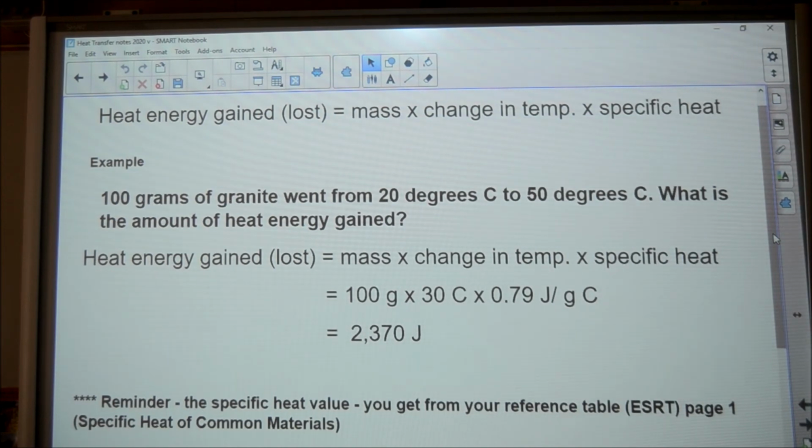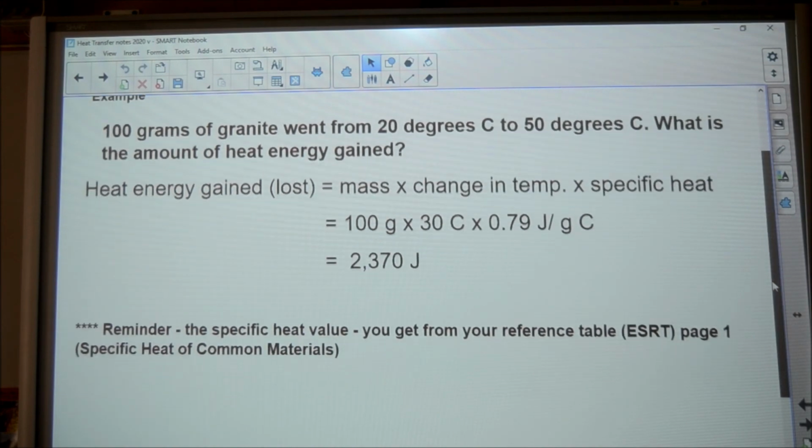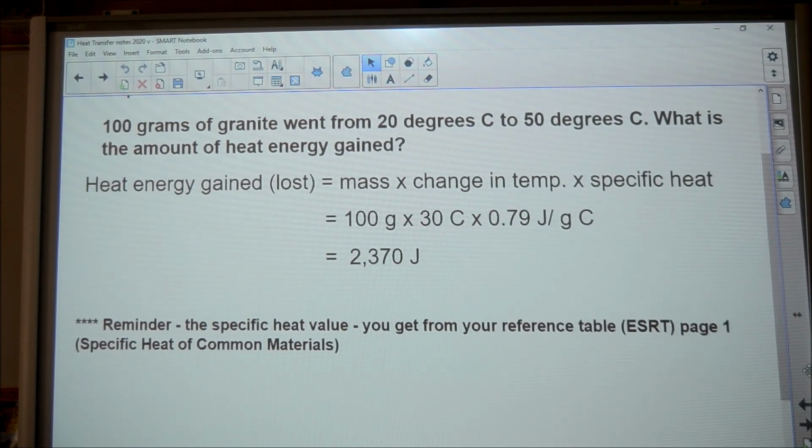Your specific heat, you get right off your reference table, page 1, 0.79 joules per gram degree Celsius. When I multiply that all together, I get 2,370 joules, because the grams and the degrees Celsius are going to cancel out. Just a little reminder again, for your specific heat values, you're going to use your reference table.